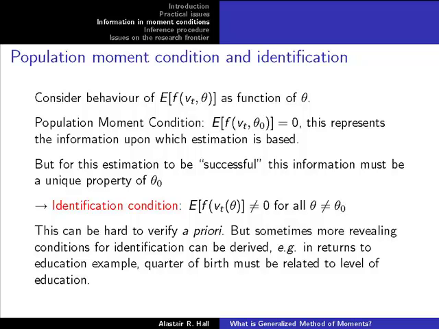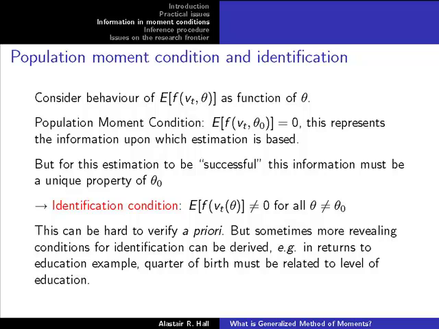Because in this case, we're starting out with a unique piece of information about this unknown, and then it's going to be possible to estimate it. Now, that's very simple to write down, but in practice, that's often a very hard condition to verify. There are cases, in particular functional forms for f, where you can work out a more revealing condition.